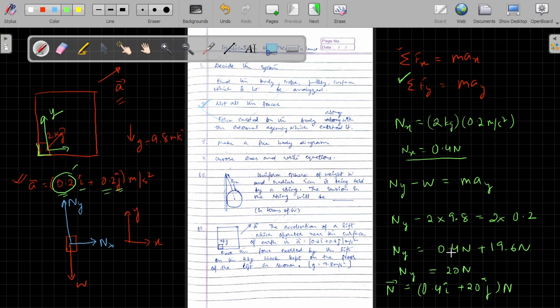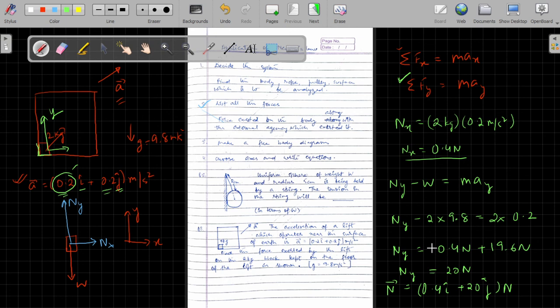So with this particular question, let us try to recall what we have learned up till now. Whenever we approach the questions in this particular chapter, we'll try to focus on these 4 points. Number 1, decide the system, that is, what are the forces acting on the system. We are only going to think about that.